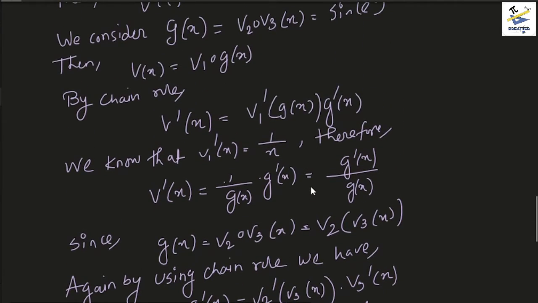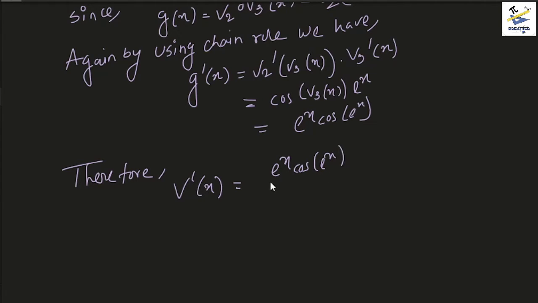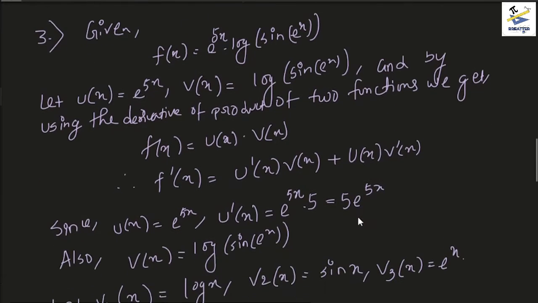Then the actual answer: therefore v prime of x would just be e to the power x cos of e to the power x divided by sine of e to the power x, which just means e to the power x cot of e to the power x. This is v prime of x.